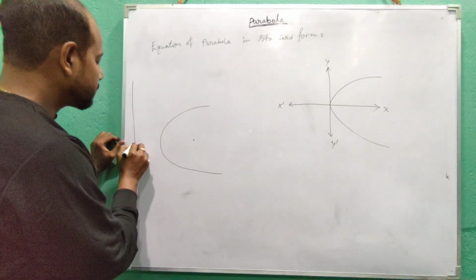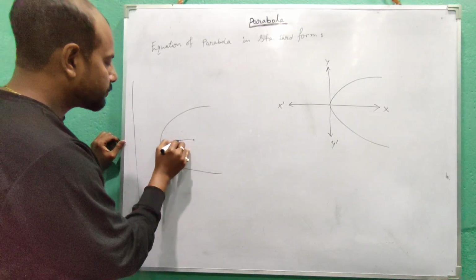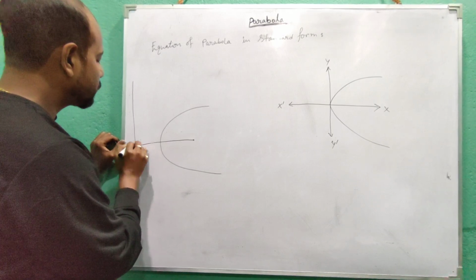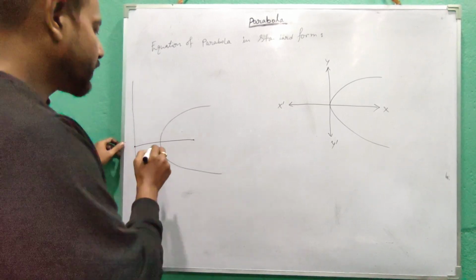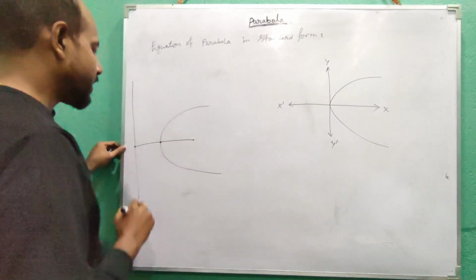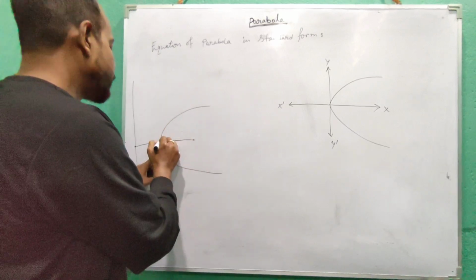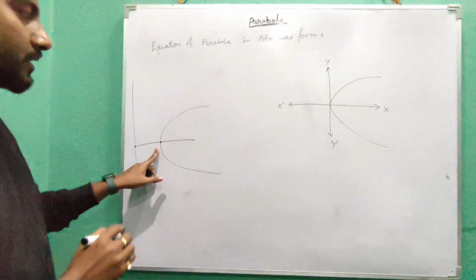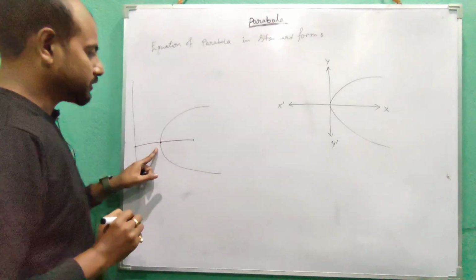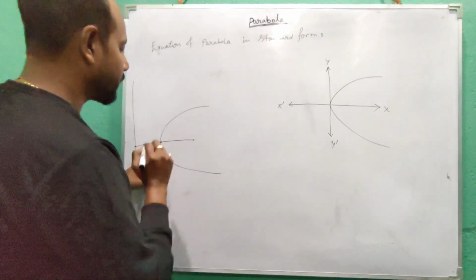Then the perpendicular from the focus to the directrix will intersect the parabola at a point. This point is called the vertex, and this is the focus.